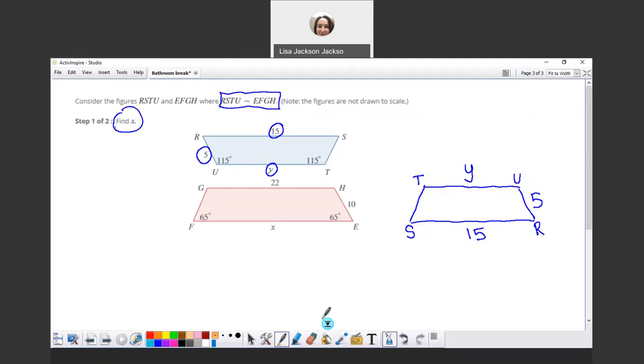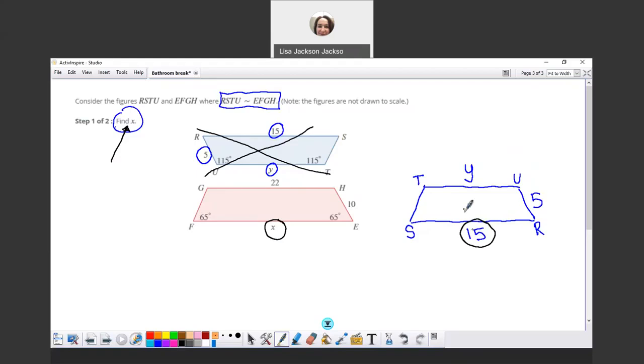Now that that's done, I don't need this original blue trapezoid anymore. I'm just going to work with my red one and the blue one that I flipped over to match. So now I need a proportion that includes an x. So I need to use the sides that have x, the matching sides. But my other fraction for this proportion should have no letters in it.